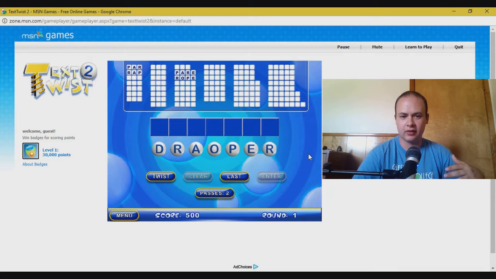So there's an untimed mode, which just lets you figure it out as you can, and the only thing keeping you from moving on to the next level is your ability to figure out the 7-letter word, and or your patience sometimes.